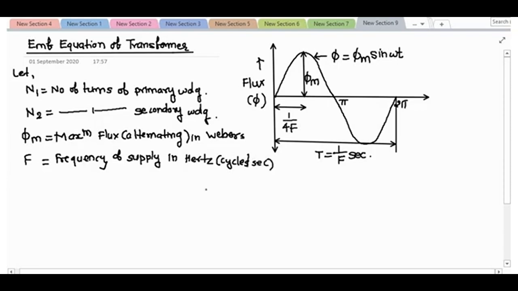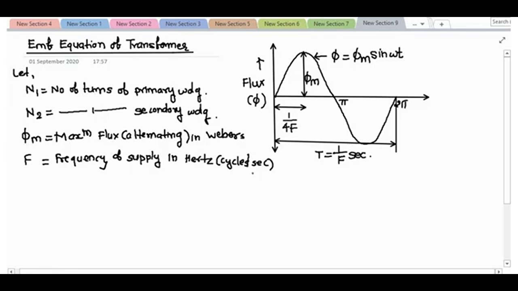Okay. So here this figure shows the cycle of sinusoidal flux which is established in the core by sinusoidally varying alternating current which is circulated in the primary winding due to the applied voltage.